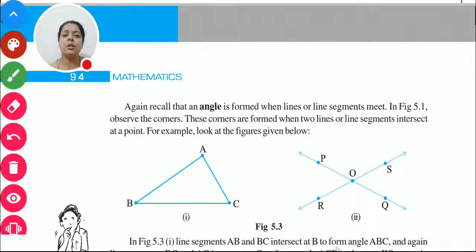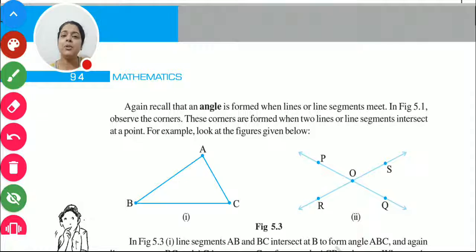Now we are coming to the angle. So what is an angle? With the help of lines only, we can form a number of shapes. Either we can form an angle, or a triangle, or any kind of shape. All the geometrical shapes we can draw with the help of lines, right? So now we are coming to the next part, angle. So how are angles formed?